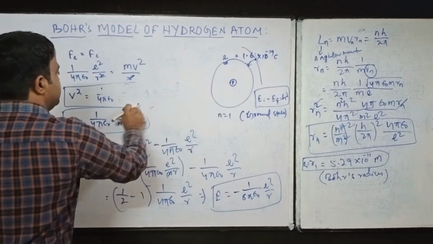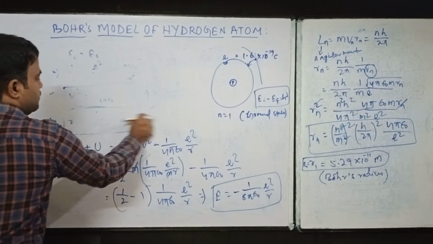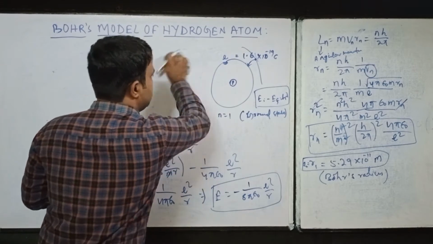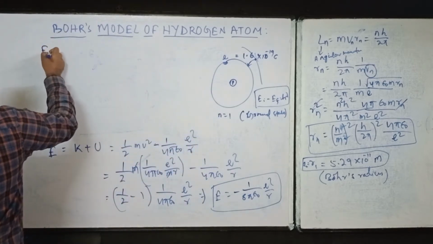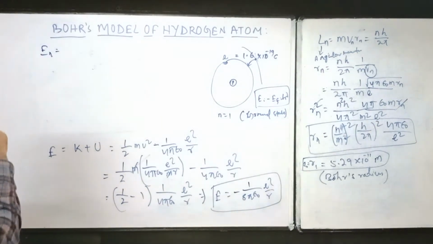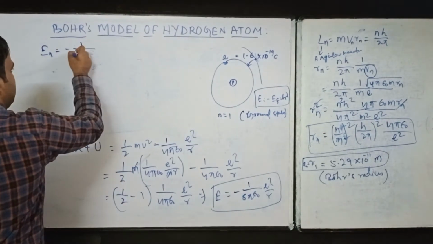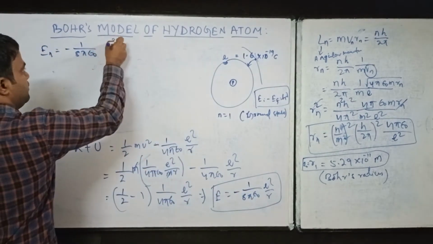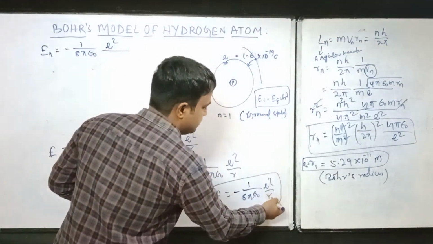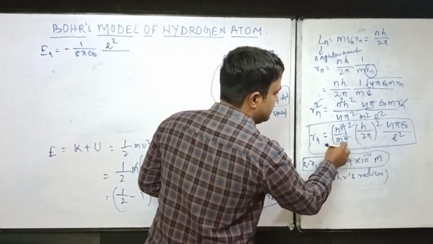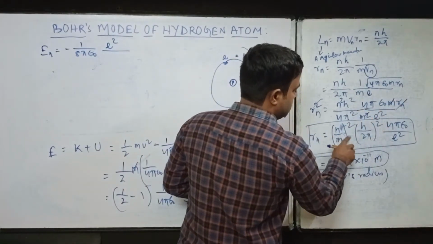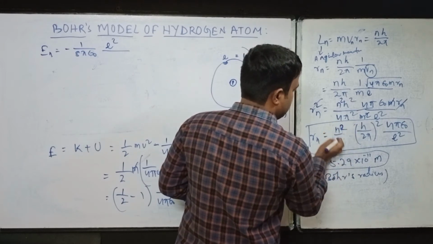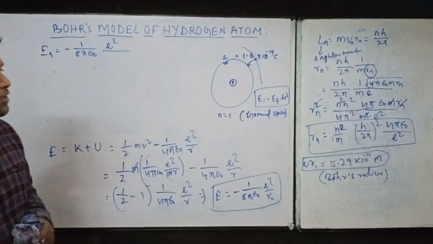So En, the energy of the nth orbit, is minus 1 by 8 pi epsilon naught from this equation, e square by Rn, let's say the nth orbit. So the Rn value we will put here. Listen, this m and m cancelled out, so it's not whole square, with correction, it's n square by m. Fine, it's n square by m.